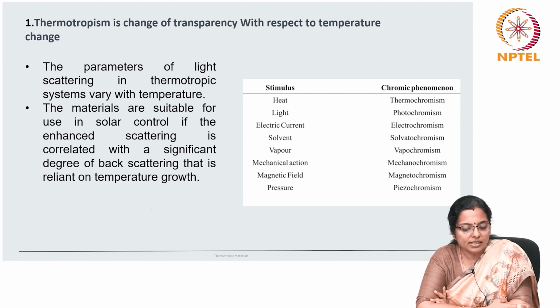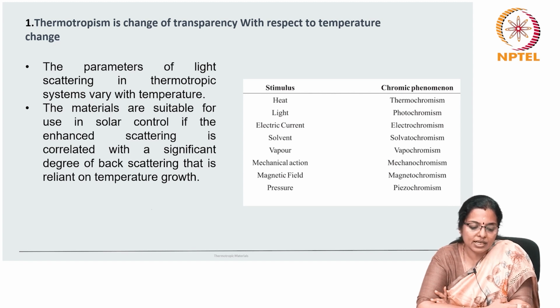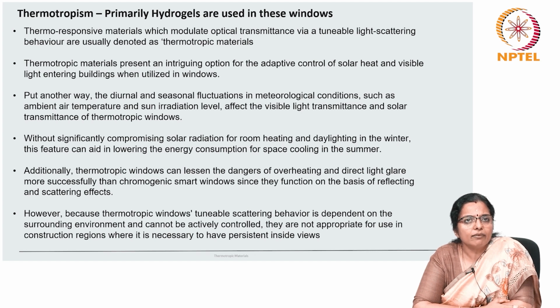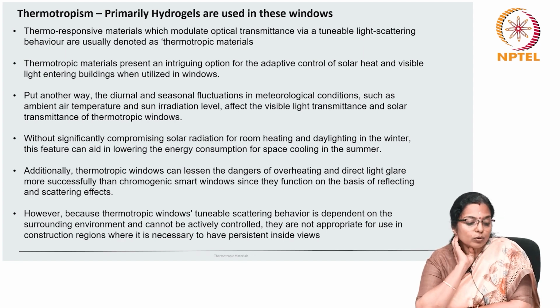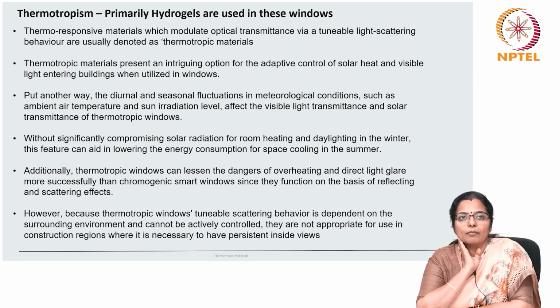The materials are suitable for use in solar control if the enhanced scattering is correlated with a significant degree of backscattering that is reliant on temperature growth. So, in thermotropism, we have primarily hydrogels which are used in windows which have to react based on thermotropic characters.